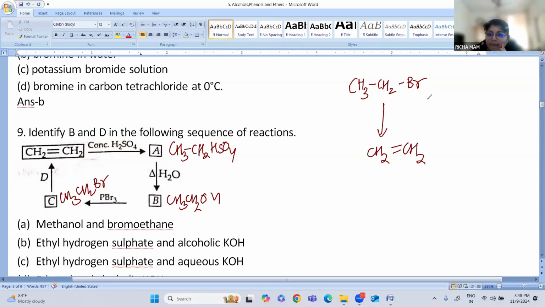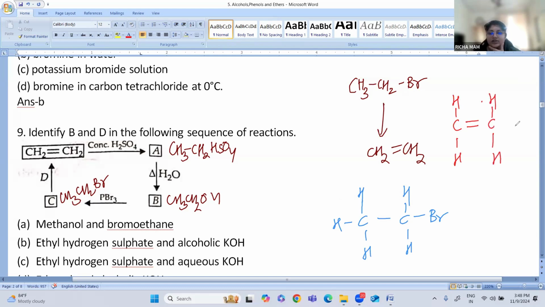I'll show you below. C, H, H, H, C, H, H, Br. So what is happening? A double bond is formed here. Let me write this also. C, H, H, double bond C, H, H.